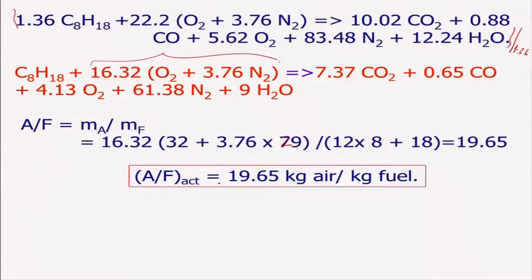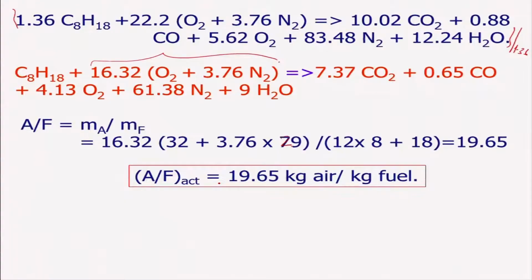The air fuel ratio is basically 19.65 kg of air per kg of fuel. That means, for burning 1 kg of fuel, in this case 19.6 kg of air is being supplied in this example.